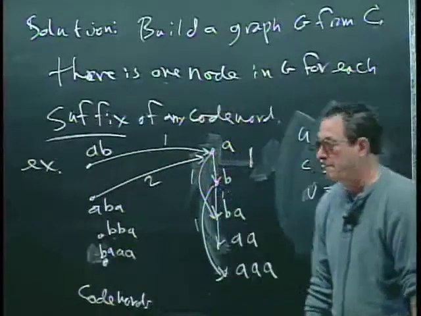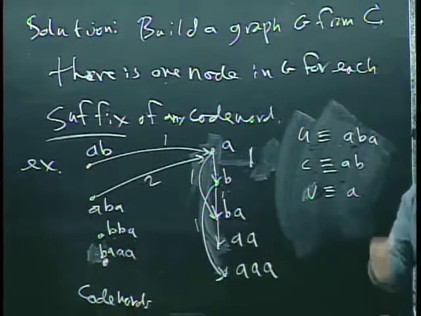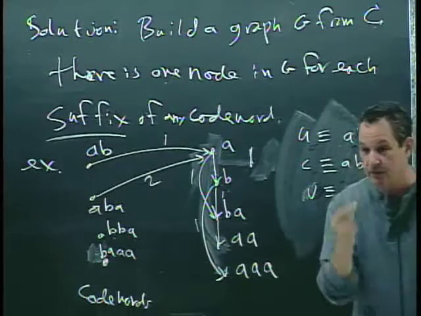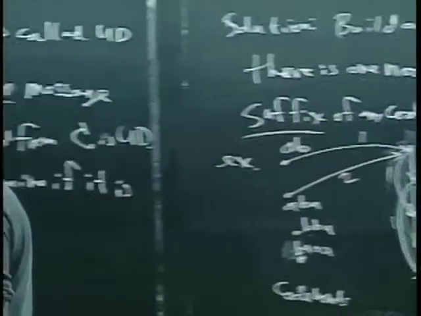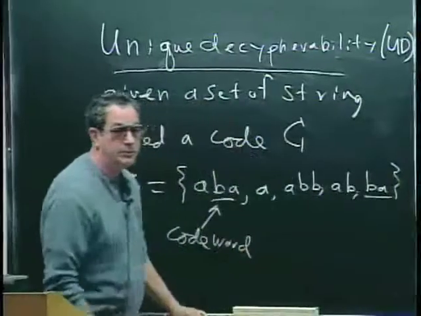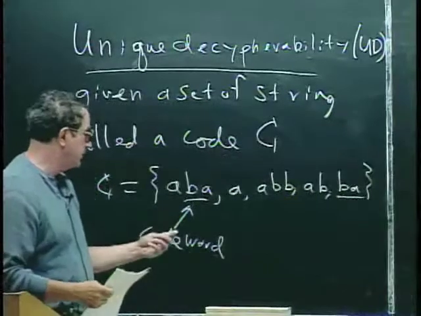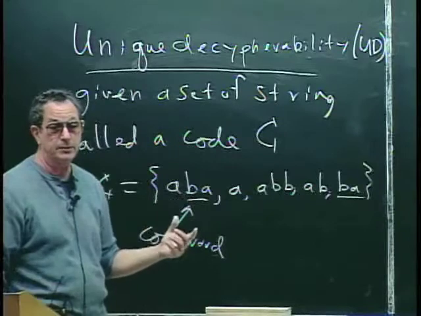Okay? Does anybody see any other type 1s or type 2s? Yeah. That's a question. What's the difference between a code word and a suffix again? Okay, a suffix is the substring that occurs at the end of a string. Any one of the substrings that occurs at the end of a string is called a suffix.